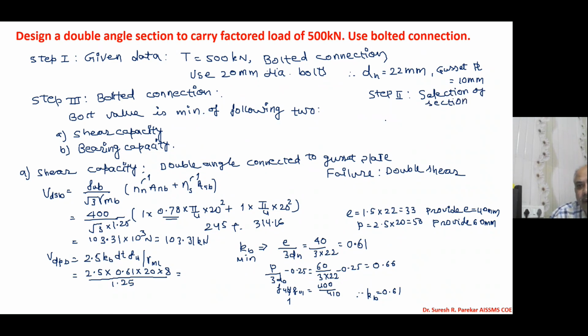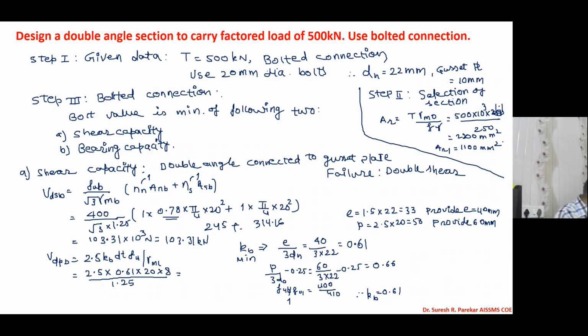So we have area required equal to T into gamma mo upon Fy, and T we have 500 into 10 raised to 3 into 1.1 upon 250, which comes 2200 for two angles. So area required for one angle is 1100.